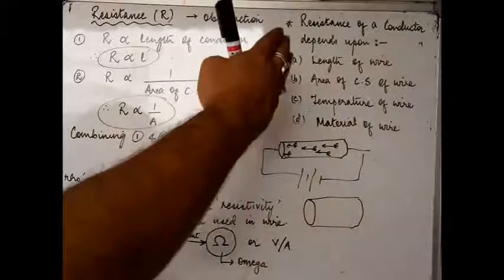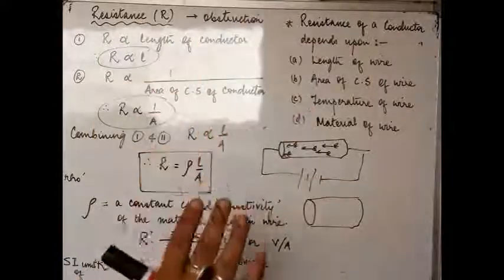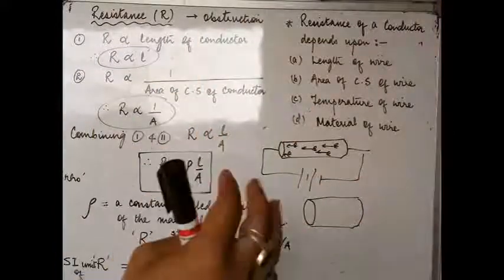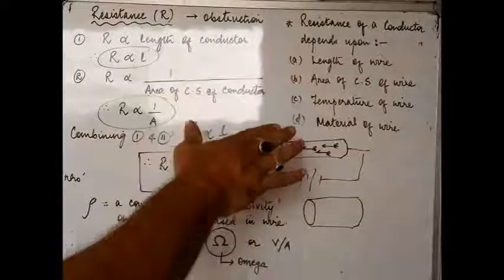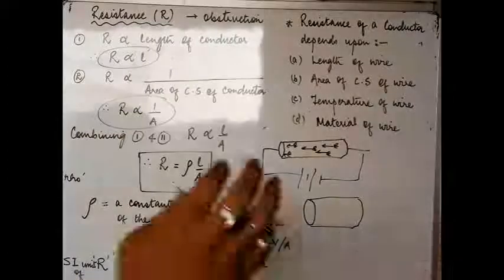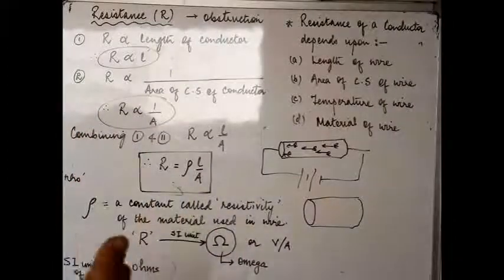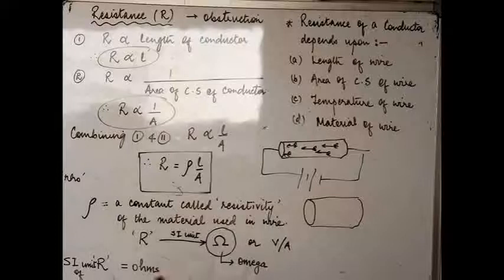That obstruction depends upon a number of factors. In case of a conductor, please remember that there are different types of materials: conductors, insulators, and semiconductors. Do not get confused with these other things. Our prime emphasis, as far as our syllabus is concerned, will be with regard to conductors, or wires.